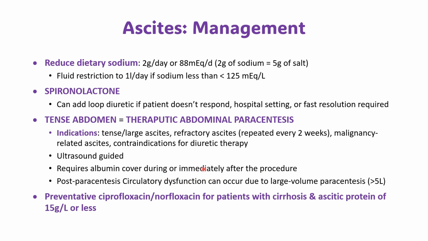And the reason for that is you can sometimes have post-paracentesis circulatory dysfunction, because if you're removing the fluid within the peritoneal cavity, you can potentially alter the circulating volume because you're going to be removing plasma proteins. And then we also want to think about preventative antibiotics such as ciprofloxacin or norfloxacin for patients with cirrhosis and with an ascitic protein of 15 grams per litre or less.